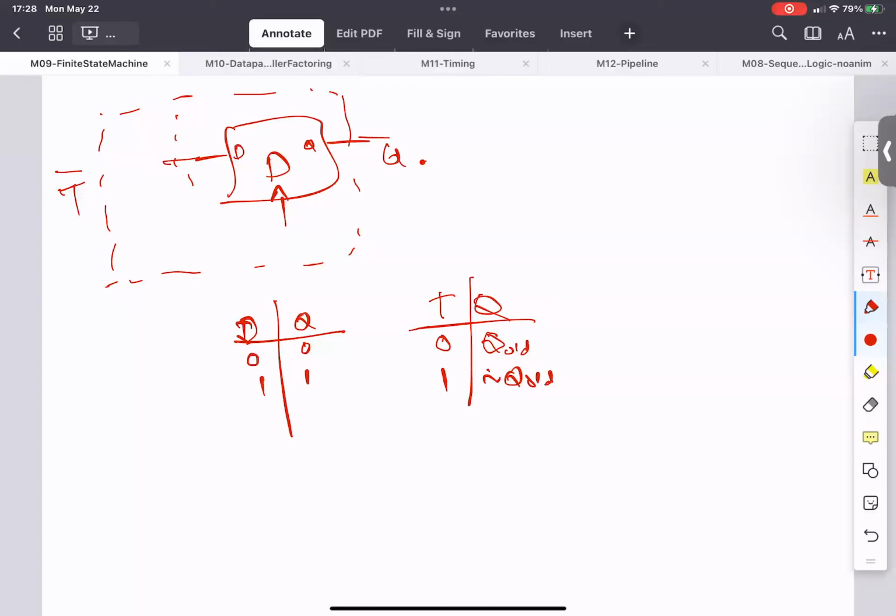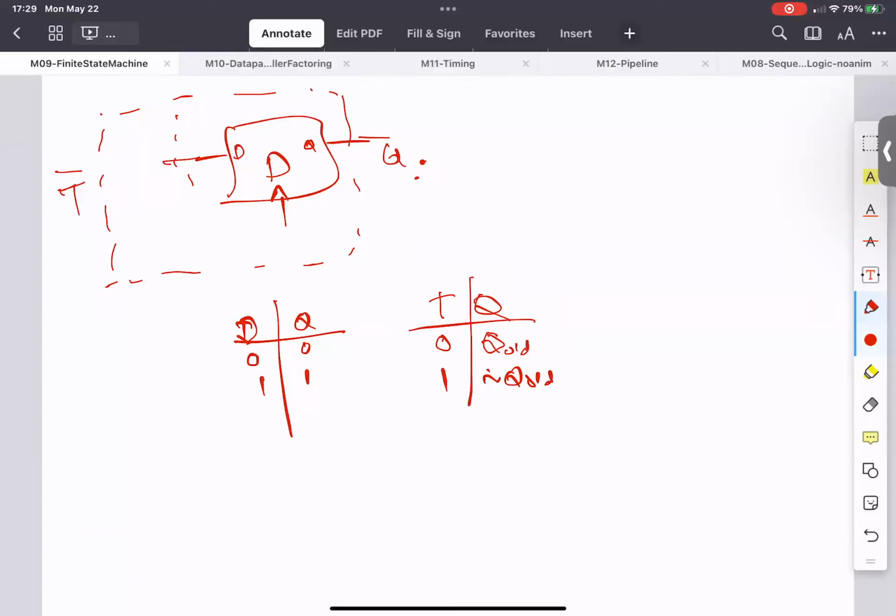So I want to create a bigger system where input T would cause the output of this dotted system Q to be such that if T is 1, it's the old value of Q negated, otherwise the same value. Or XOR the input T with the old Q, right?